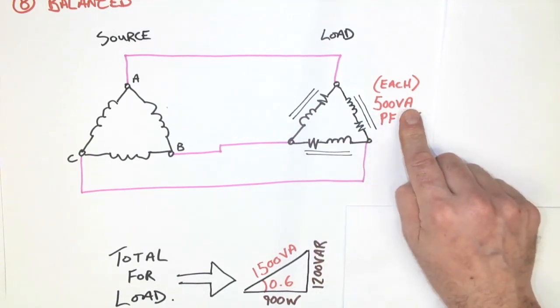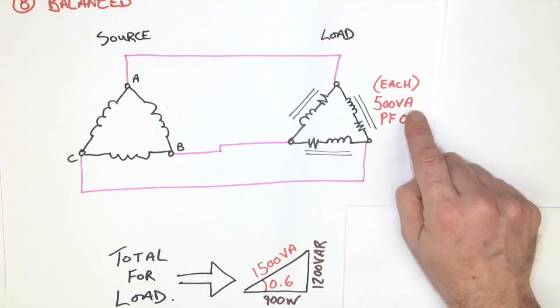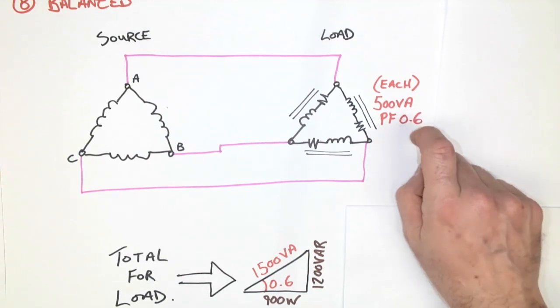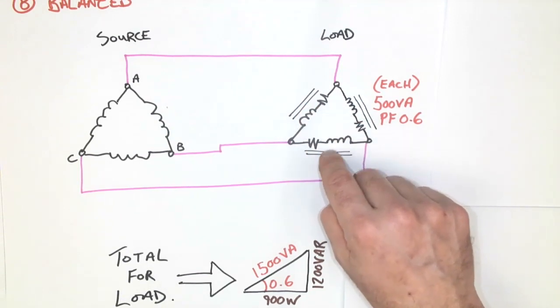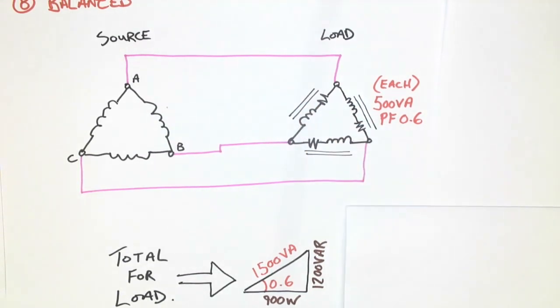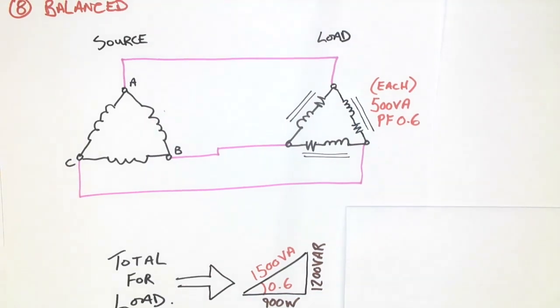Now, keep in mind, this only happens if it's a fully balanced system. So since there are three, we take 500 and multiply by 3, giving us 1500 VA. We apply the power factor, and we can then determine the individual VARs and watts that this three-phase load is carrying.